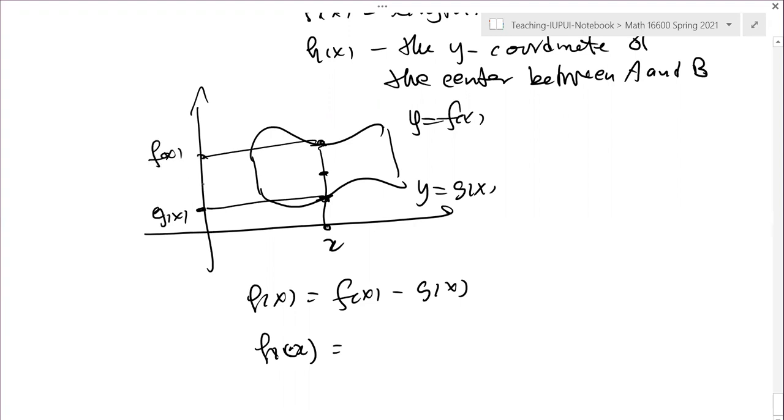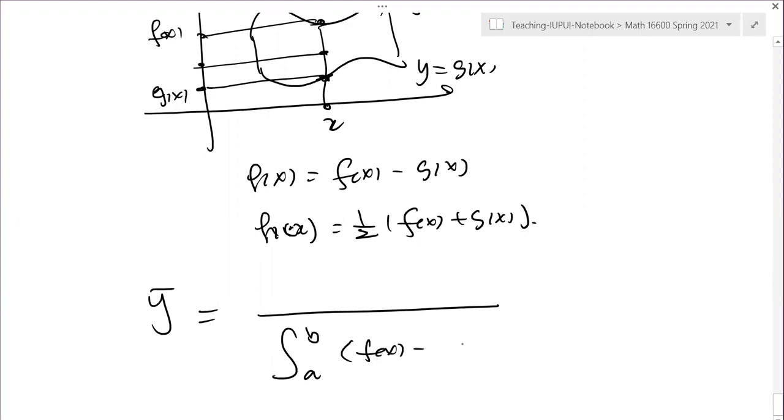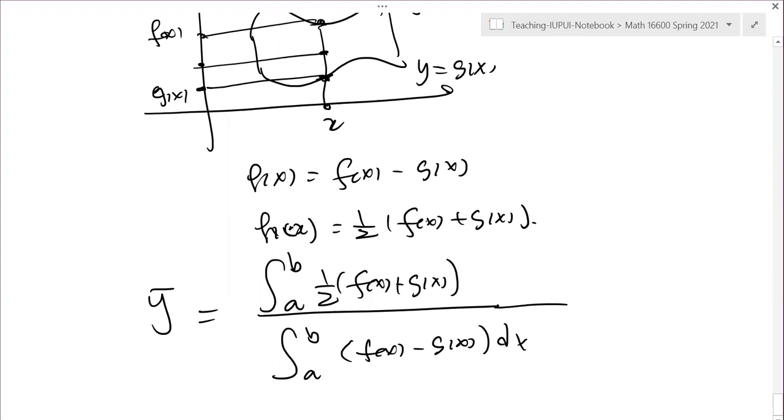How do you find the center? This is a center, right? So just half of f of x plus g of x. All right, so that's it. So that means in the future, y bar can be given by the following formula: the integral of half of rho of x times h of x, where rho of x is f of x minus g of x, dx.